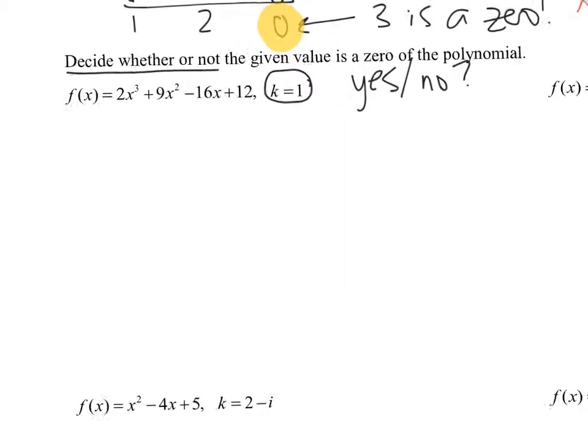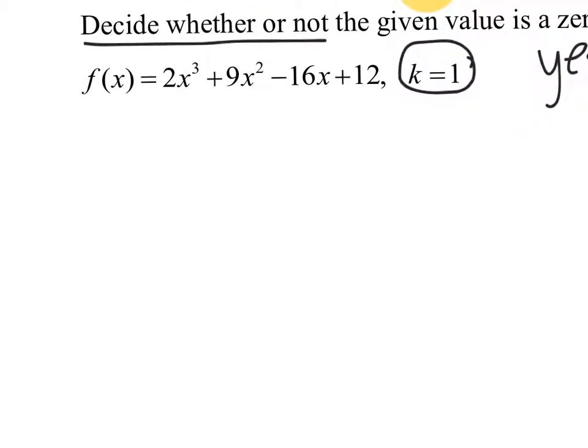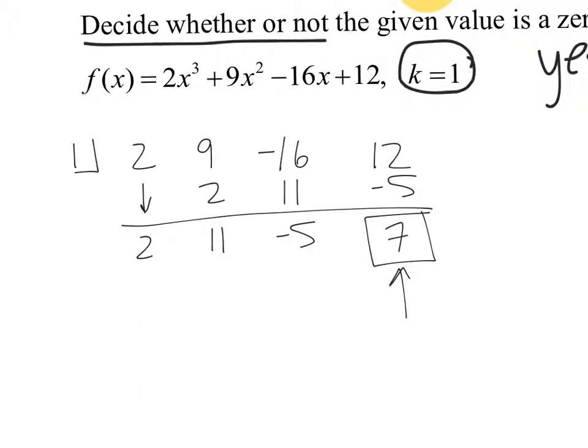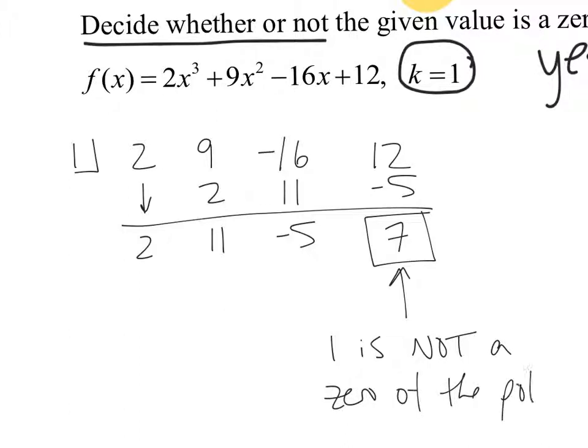So we're going to use 1 in the backwards L box, and I'm going to use the coefficients of 2, 9, -16, and 12, and I'm going to breeze through synthetic division really quick. 2 times 1 is 2 and add. 11 times 1 is 11 and add. -5 times 1 is -5 and add. Since we have an actual remainder, this means that 1 is not a 0 of the polynomial.